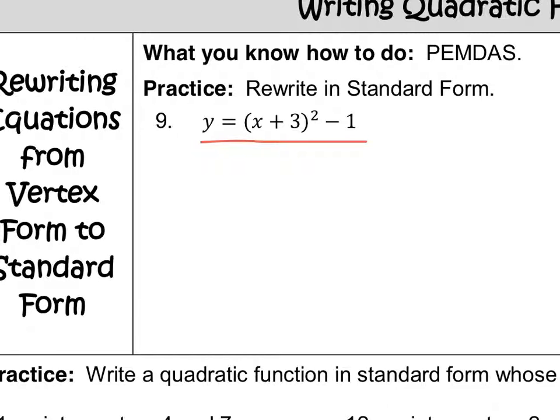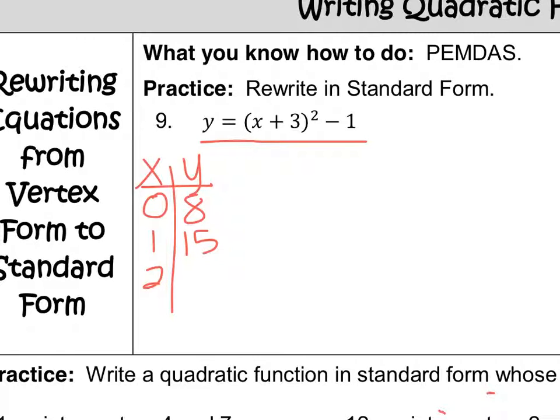So when I put it in and I pull up my table, I'm just going to write a quick 3 points from my table. I need 3 points in order for StatEdit to give me a quadratic. So I've got 0, 8, 1, 15, and 2, 24.